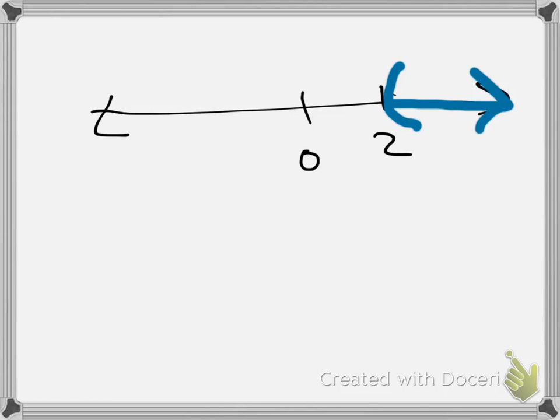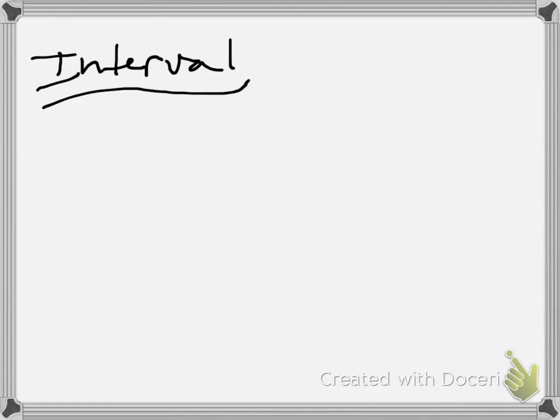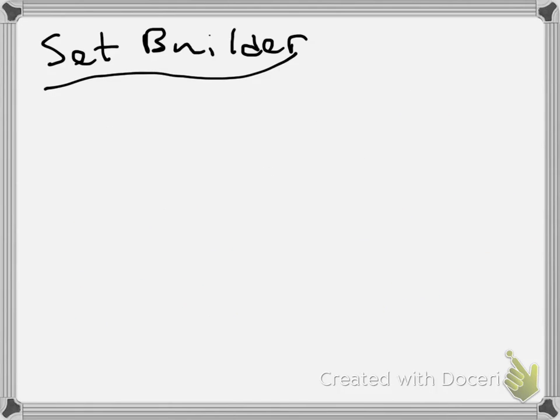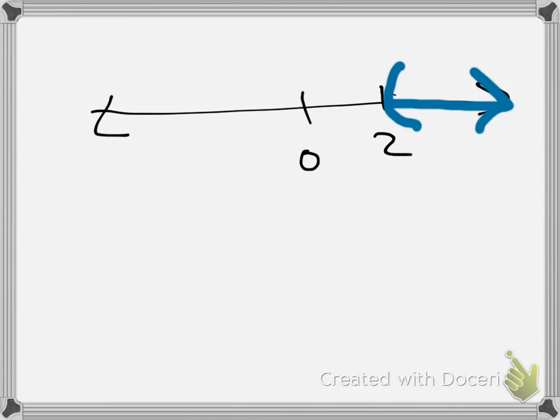And it has to be less than negative 6. I'll put that on the number line as well. So maybe negative 6 is out here somewhere. It has to be less than negative 6. That's all these values right here. And it does not include negative 6, so it's a parenthesis.